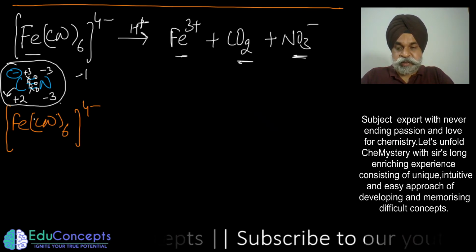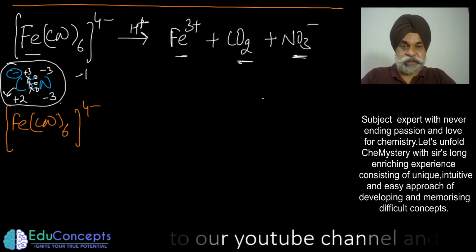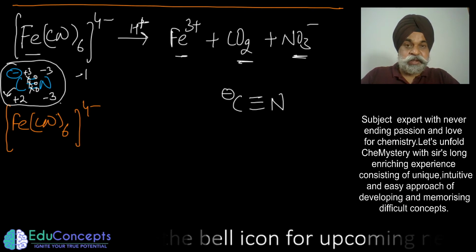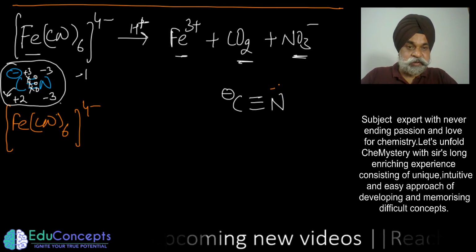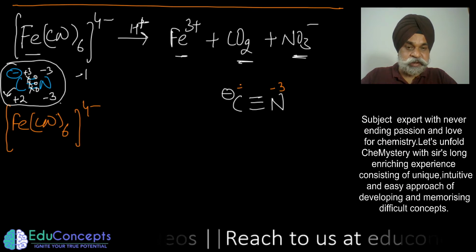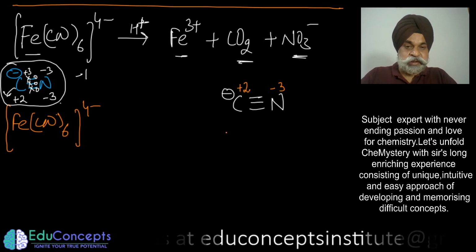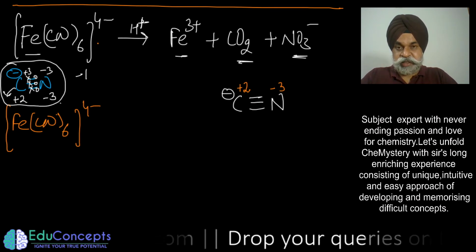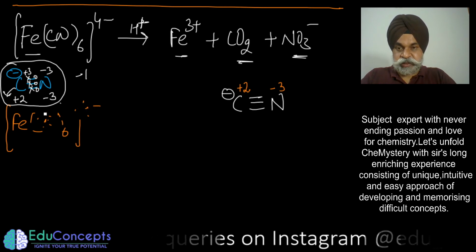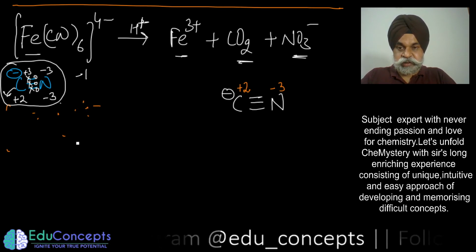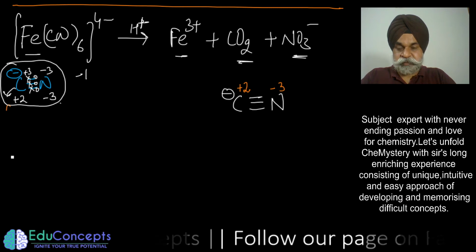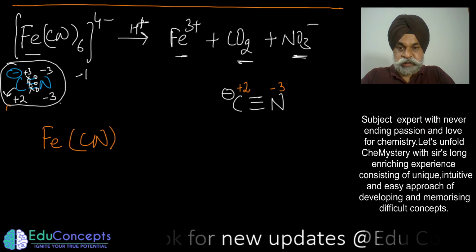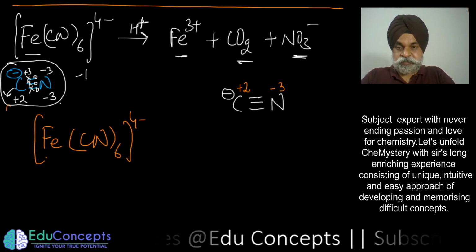It has become a little chaotic here, let me write it once again. Those who are aware of it, well and good. What I said is that nitrogen is in minus 3 and carbon is in plus 2 oxidation state, so overall it has a minus 1 charge. So what I could do here is Fe(CN)6 4 negative.